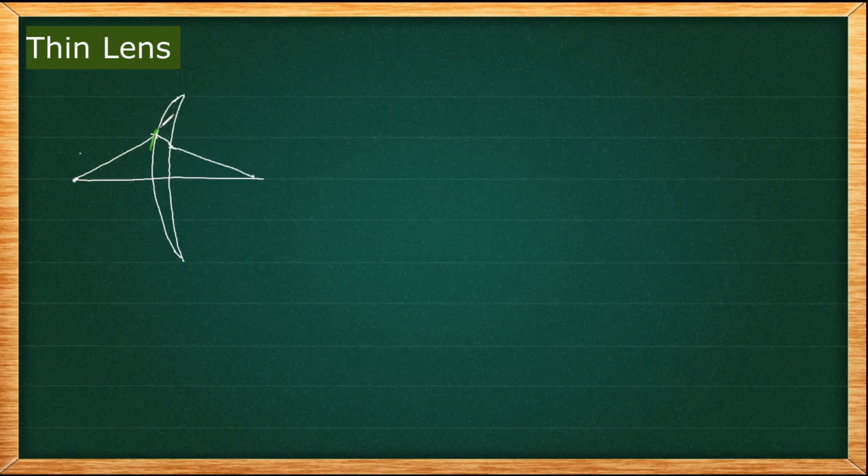So we have here surface 1 and surface 2. So basically, we just consider the behavior of the two surfaces separately.